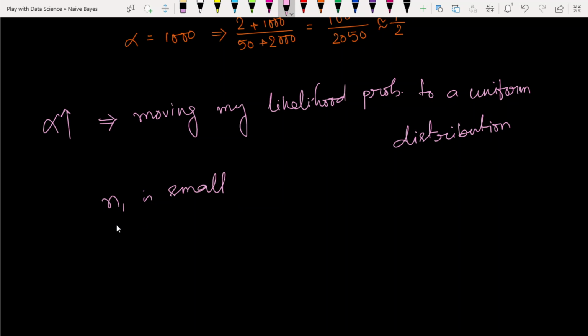Now, n1 is small. If n1 is small, it means our numerator and denominator are small.